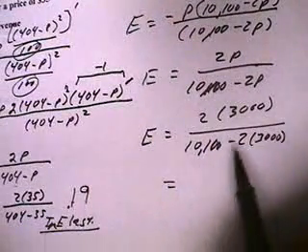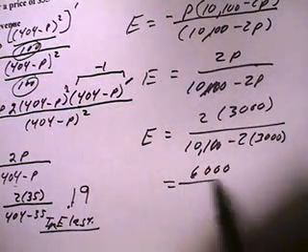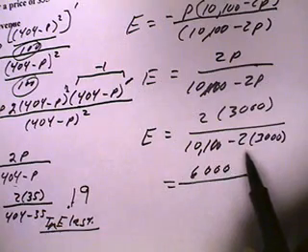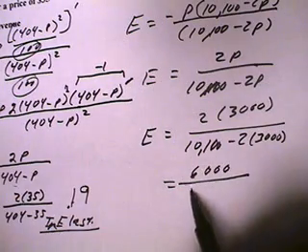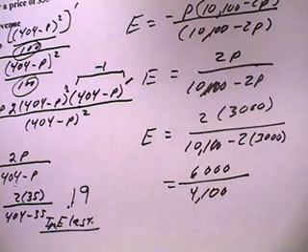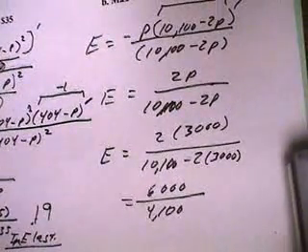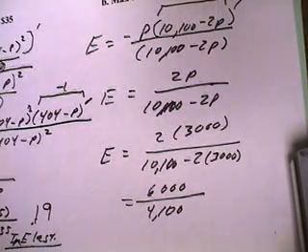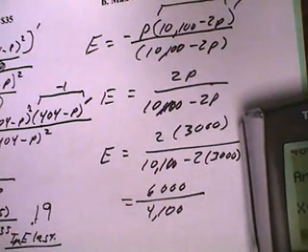And let's see how much I can do this in my head. So 6 grand for the top, and this will be 6 grand minus this will be 4,100. Let's see here, and I'm going to divide all this. 6,000 divided by 4,100.